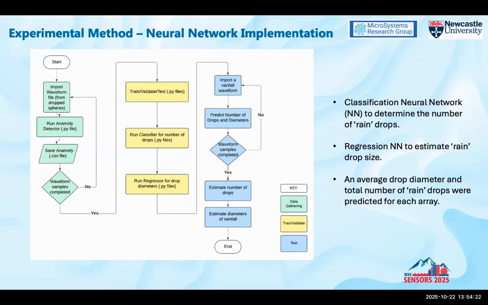For this neural network, we split the data 40, 40, 20, so that we trained with 40% of the data and tested with the 20% at the end. We used 2 neural networks here: a classification neural network to determine the number of raindrops, and a regression neural network to estimate the raindrop size.